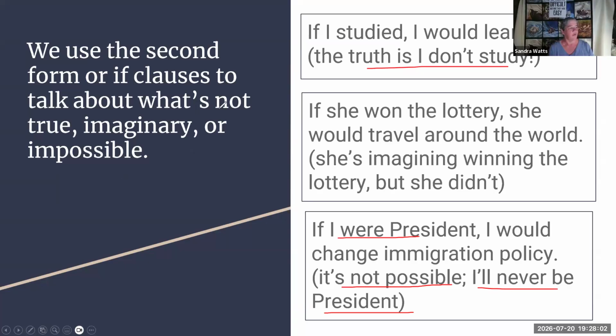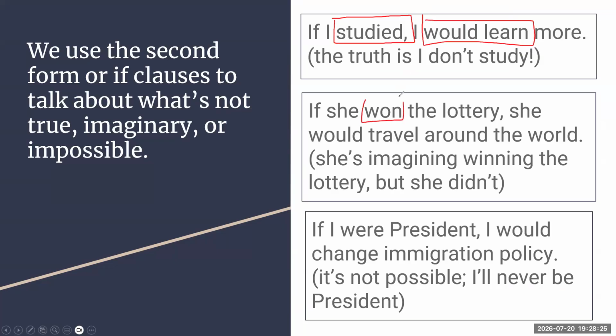All right. So these kind of if clauses are the ones that are not true, imaginary, or impossible. Here's what I want you to look at. Look at the verbs. Past and future?